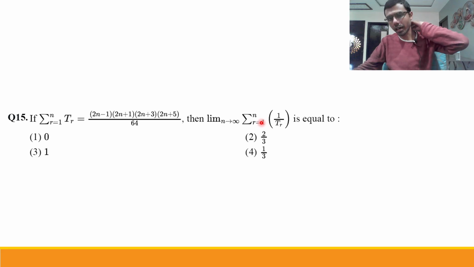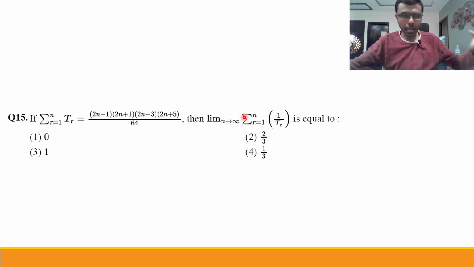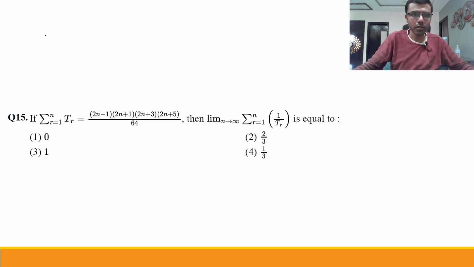Sigma r runs from 1 to n, 1 by tr. I know one way. There could be an easier way. I'll just tell you whatever I figured out. So first I need to find out tr. They have given the summation till n. So what does this equation mean? Stay focused, guys. Otherwise, you will not understand this.